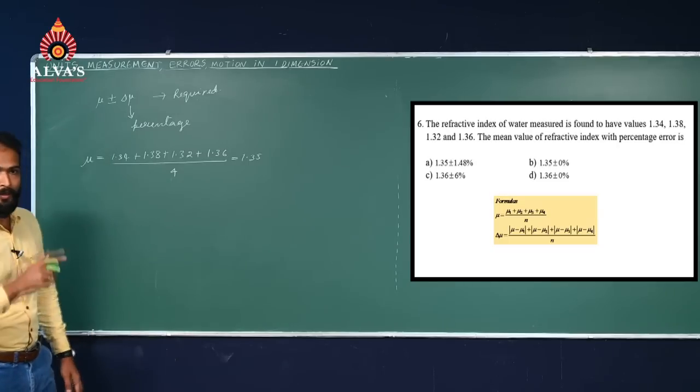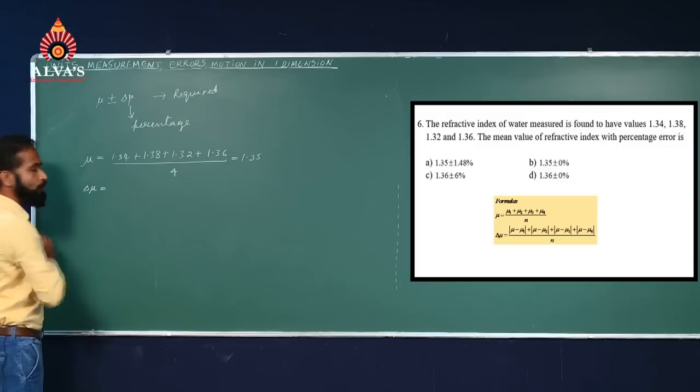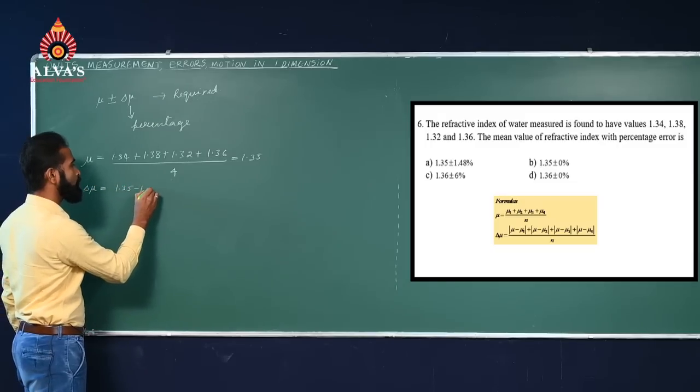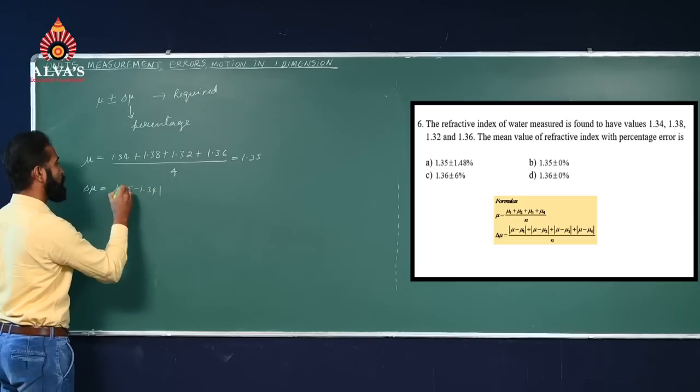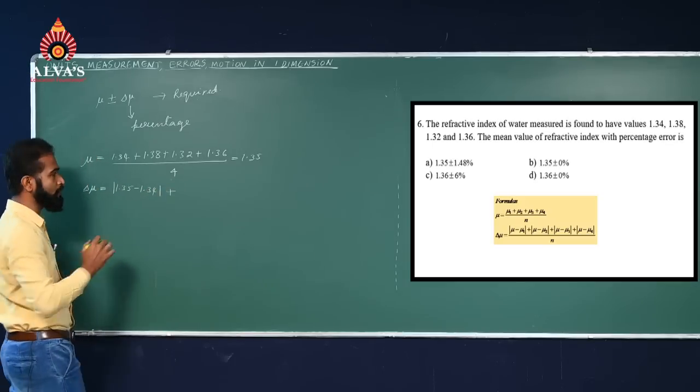Now similarly, we have to calculate using the second formula, that is delta mu. Delta mu is called the error. So the mean error we have to find out, that is 1.35 minus 1.34. You have to take the mod. Errors are always added, errors are never subtracted.